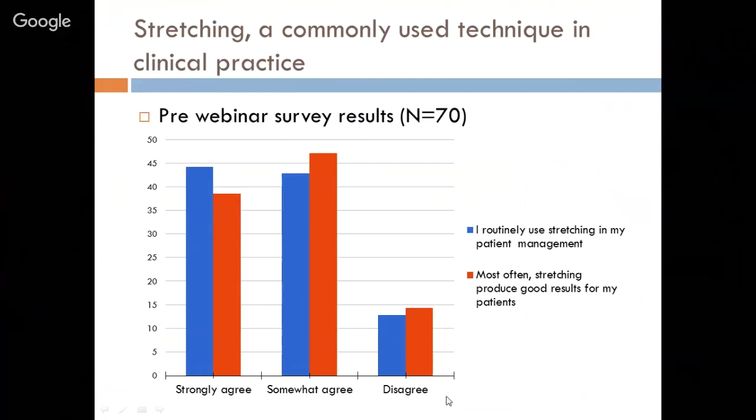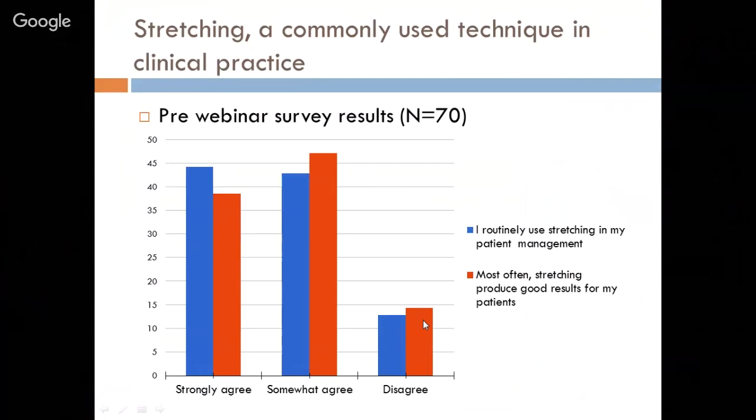As you can see, only 10 to 15% of respondents disagreed, which means most of us are using it and clinically seeing the benefit of stretching in terms of reduced stiffness and increased passive range of motion. It's simple logic that if it didn't improve, we wouldn't be using it clinically.